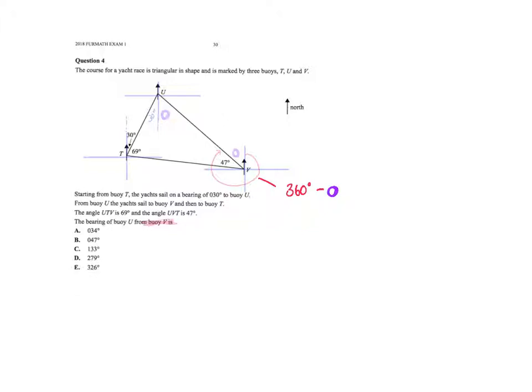So I need to work out this purple circle. How can I do that? Well, if I find this angle here, I'll just call it a star. If I do star minus 30 degrees, because that's part of it, would that not equal that circle? Yes? So I'm going to find that star.